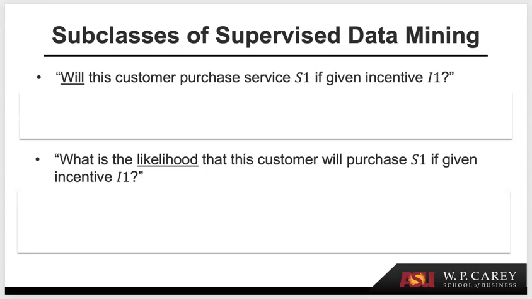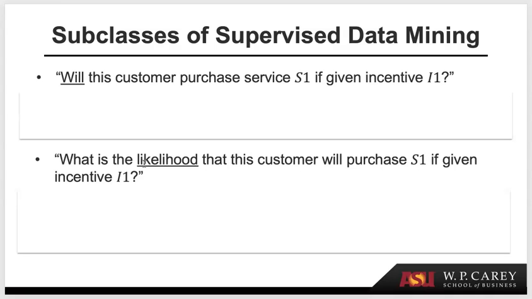And the second one: what is the likelihood that this customer will purchase the first service if given incentive 1? The second one, well, we're interested in the exact probability, like 80% chance or 30% chance.